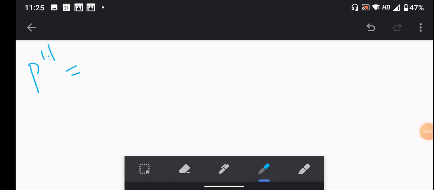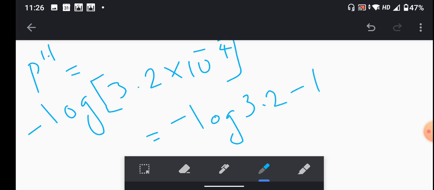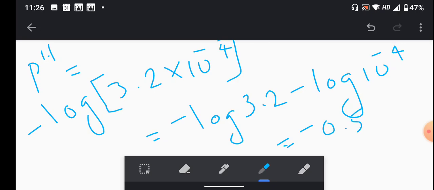So pH equals minus log of 3.2 into 10 to the power minus 4, which is given as minus log 3.2 minus log 10 to the power minus 4, which equals minus 0.5 plus 4, which is equal to 3.5.